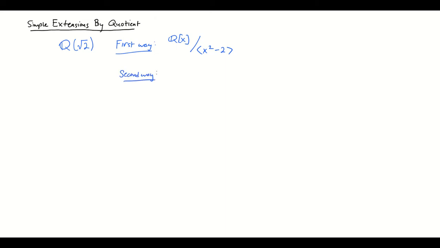The second way is to envision some extension field of the rationals which is big enough to contain the square root of 2. So for example, we know about the reals.